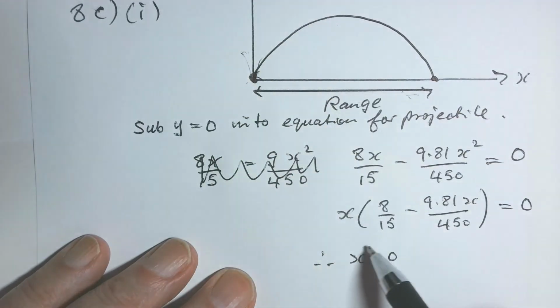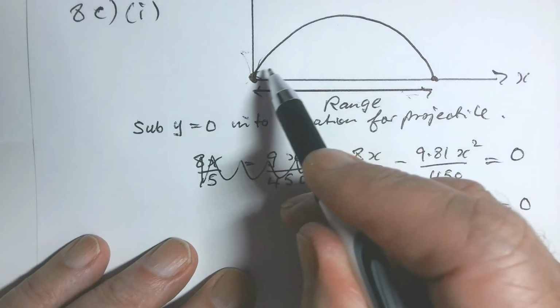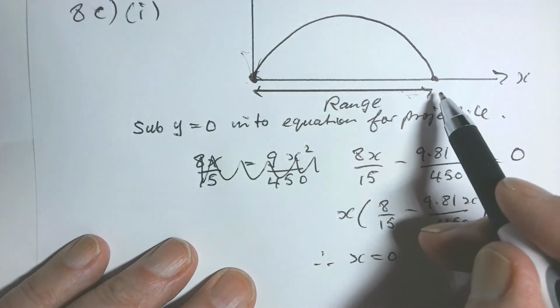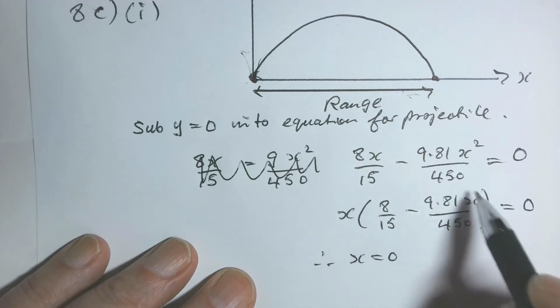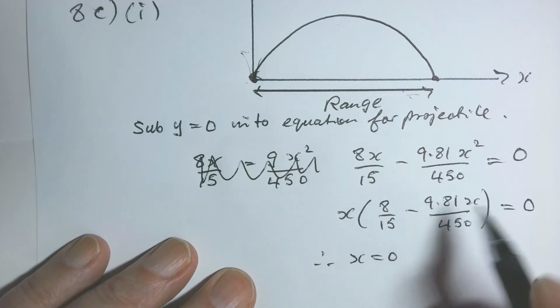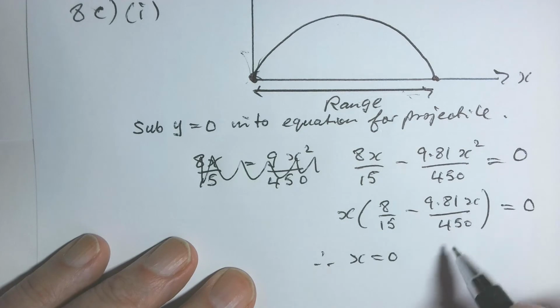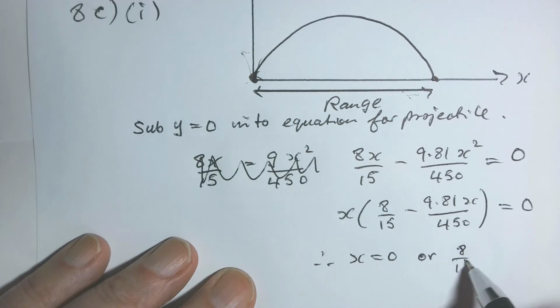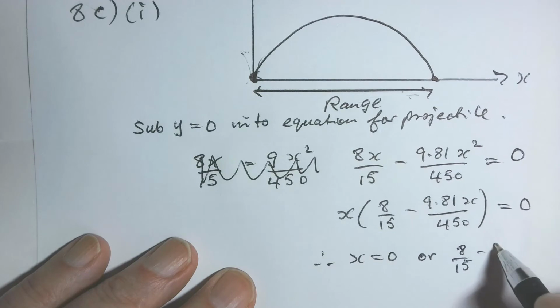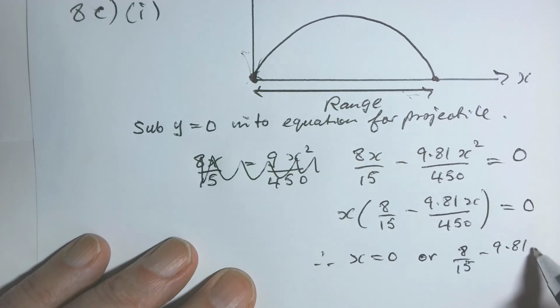And I get a second solution when the thing inside the parentheses is equal to 0: 8 over 15 minus 9.81x over 450 equals 0.